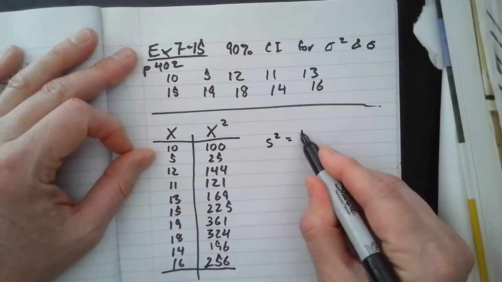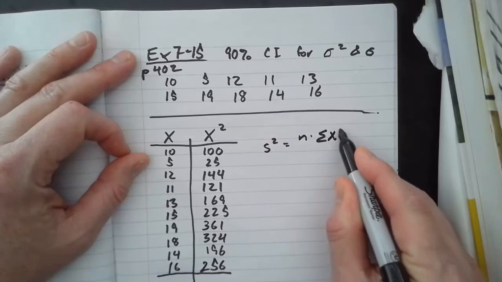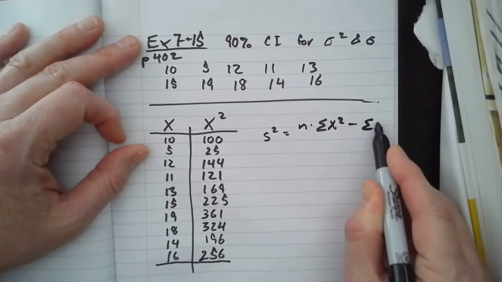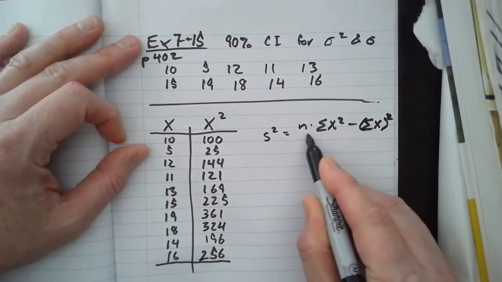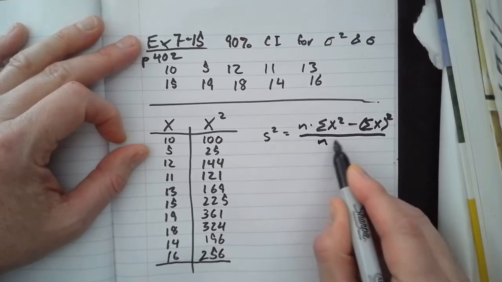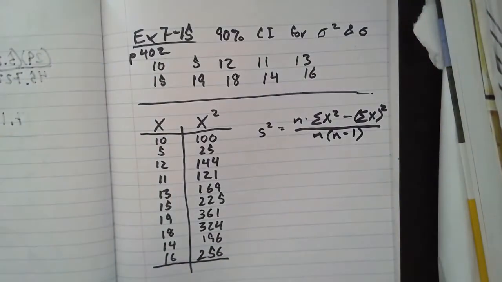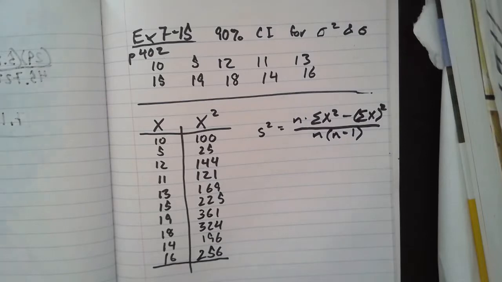That is going to be n times the sigma of x squared, subtract from that the sigma of x, squared, all divided by n times n minus 1. Okay. So I pulled that out of my memory banks, and I'm hoping that's right. You can maybe pause and look that up for me.